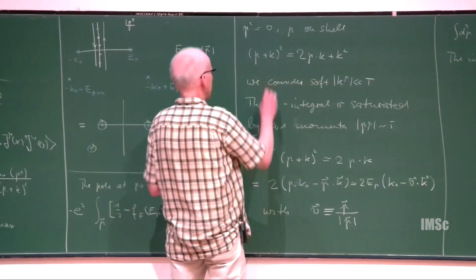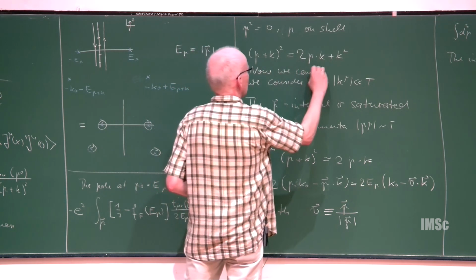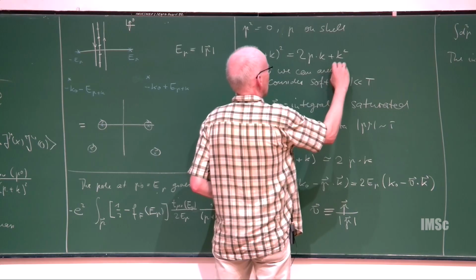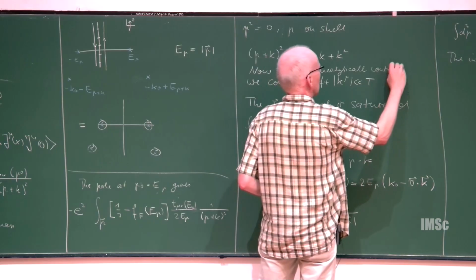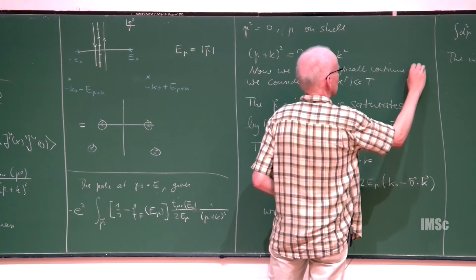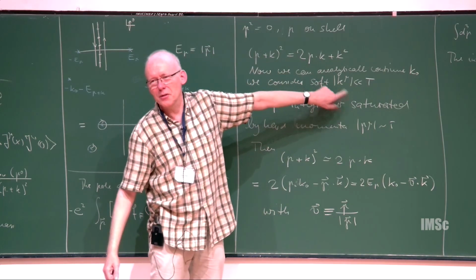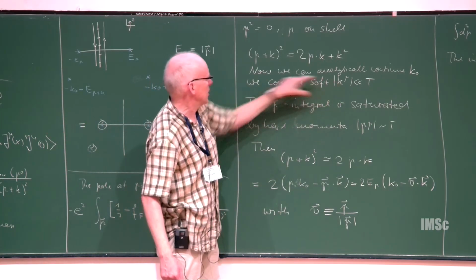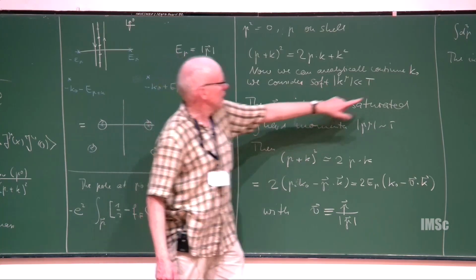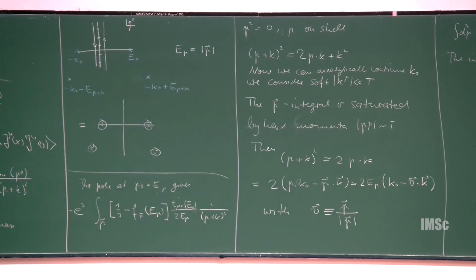So I should say at this point we make this step and continue the k naught. Otherwise this statement wouldn't make sense for the frequency. I mean, the fermionic frequencies are never 0, they are always of order T. So to make this kind of statement, we can do it only after the analytic continuation.